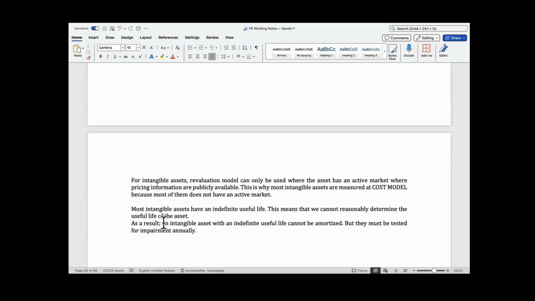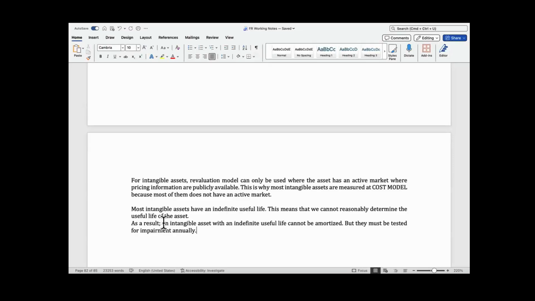So that's pretty much it around measurement of intangible assets.